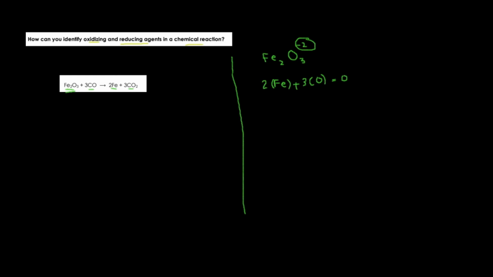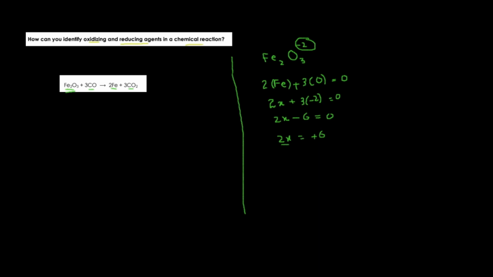So in this case for iron you can write X, so 2X plus, for oxygen the oxidation state is -2, so you have to write -2 in place of oxygen and that is equal to 0. So 2X plus 3 multiplied by -2, so definitely you will get -6 and that is equal to 0. So for 2X, once this -6 moves to the other side of the equation, it will be +6.